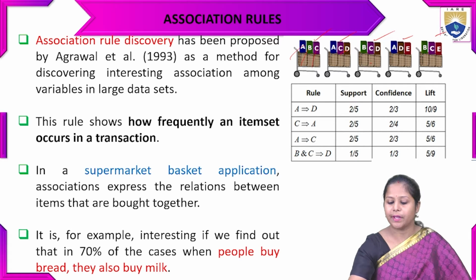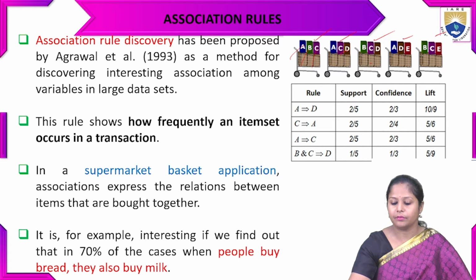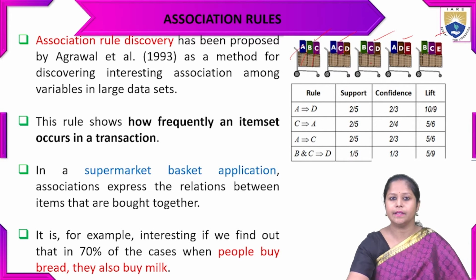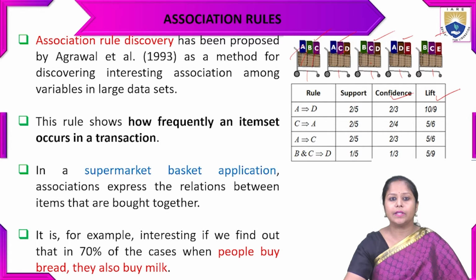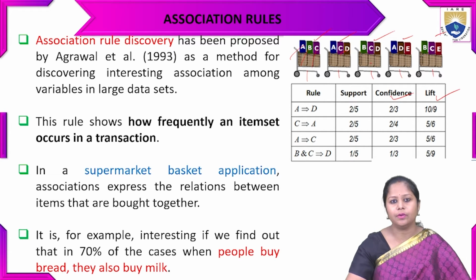Here the rule has been generated for these 5 items A, B, C, D, E. There are 5 customers who have purchased these items, and in this table we have found the support, the confidence, and the lift for each item. These 3 measures show the relations between two or more items in the frequent item set.